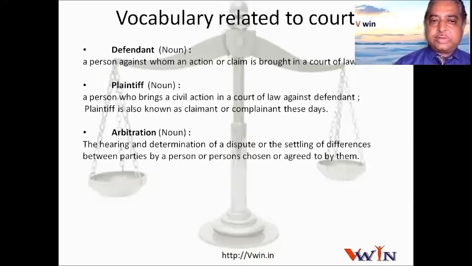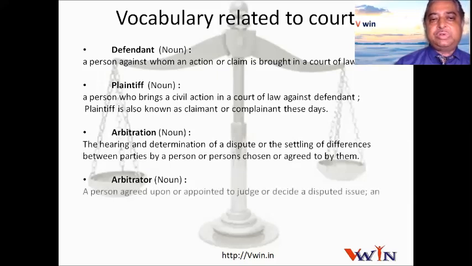So this process is known as arbitration. Arbitrator is the one or a group of persons who is trying to sort out the issue. Someone who is acting as mediator is known as arbitrator or arbitrators.